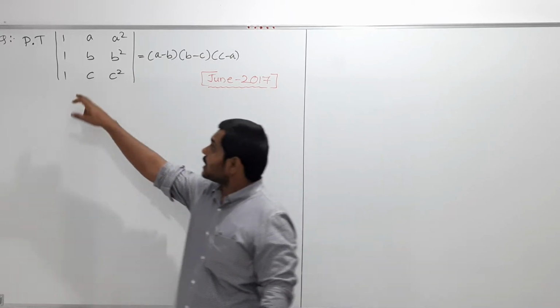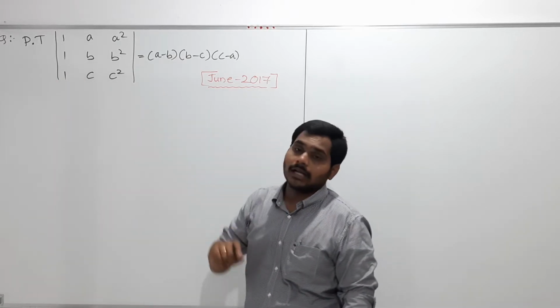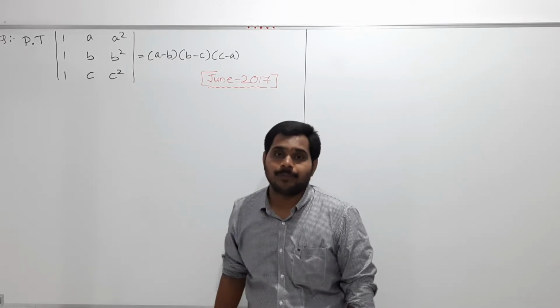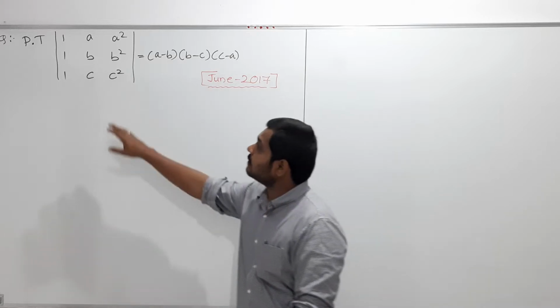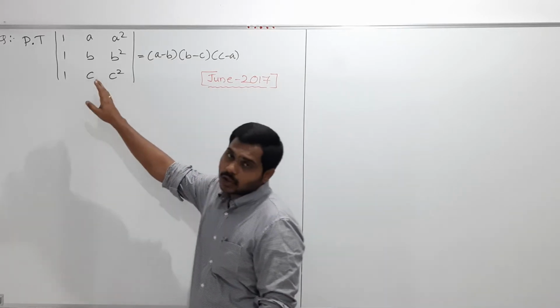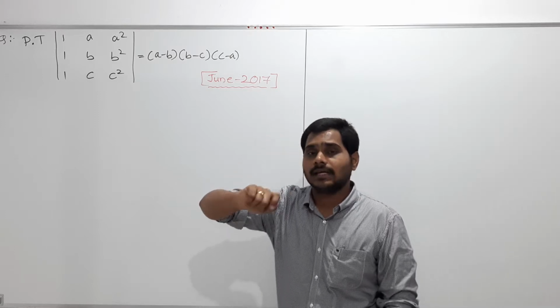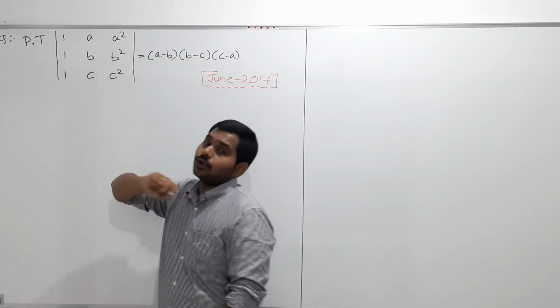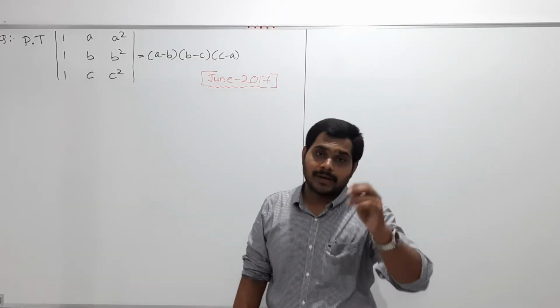If I make these two elements 0 and expand along the column, the calculations will be easier for you. So first you should think about how to make these elements 0. That is the first thing that should come to your mind.